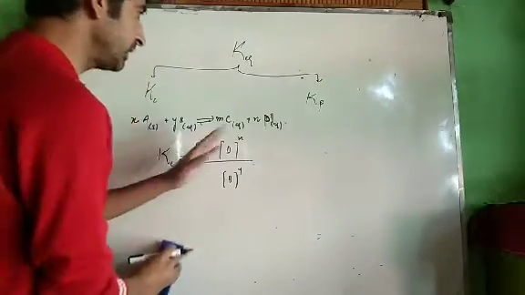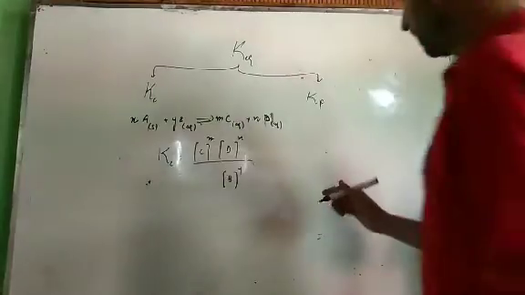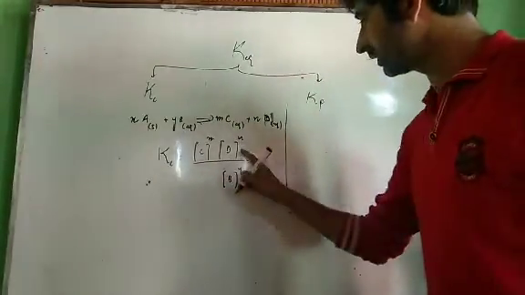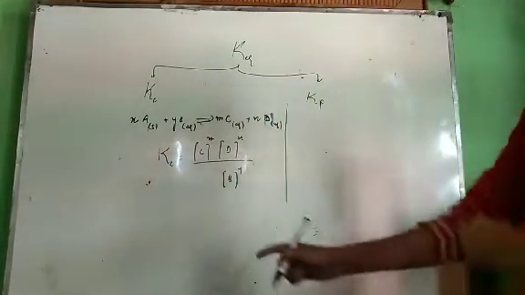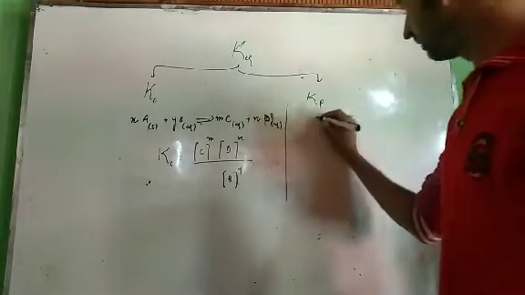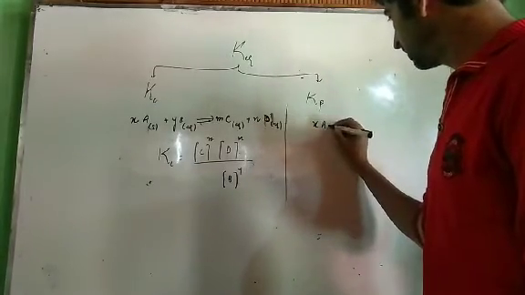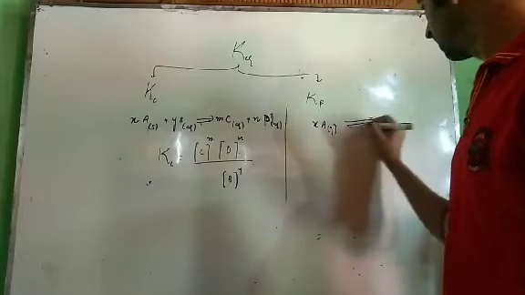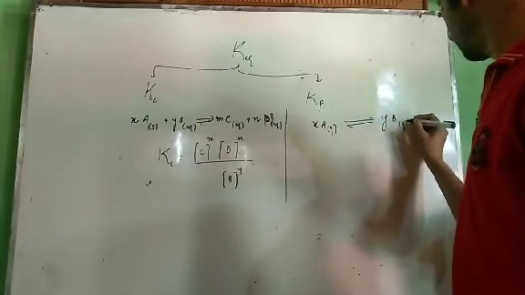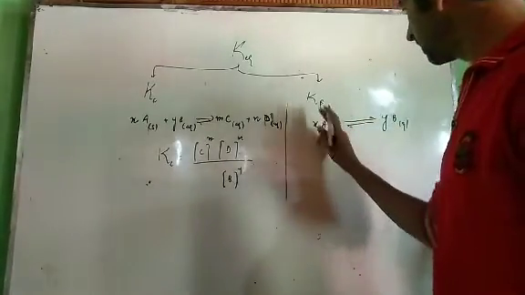Now in the case of gaseous molecules, what are we doing? For gaseous molecules, we express the concentration, this active mass, in terms of pressure. For example, we have X times A, a gaseous species, gives Y times B, also a gaseous species.